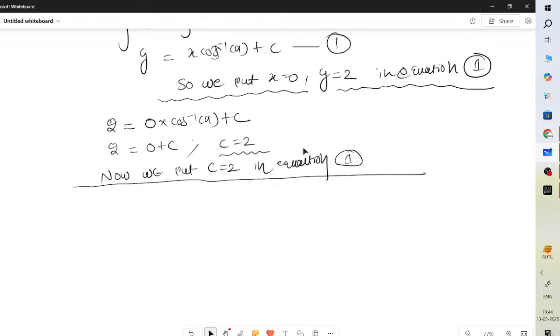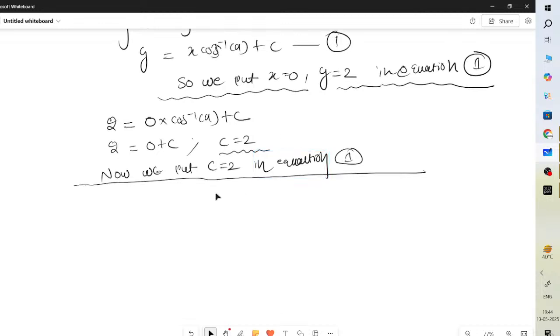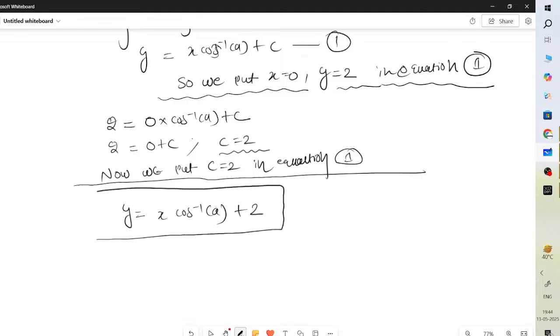So never forget to eliminate c in such type of question. So the value of c is 2. Putting this in equation 1, we get y equals x cos inverse a plus 2, which is our final answer.